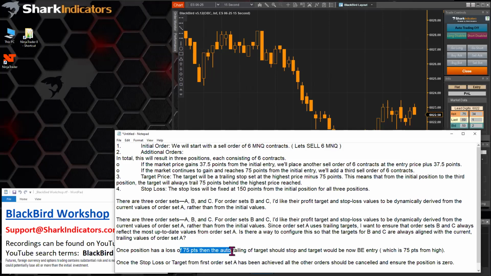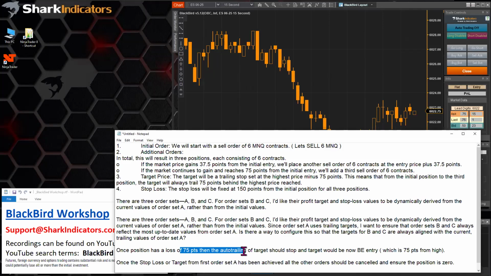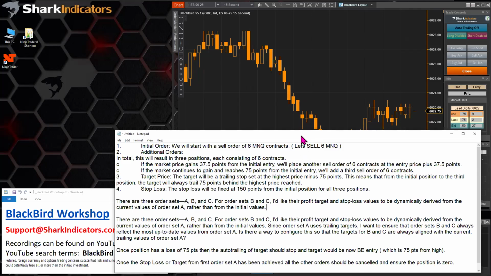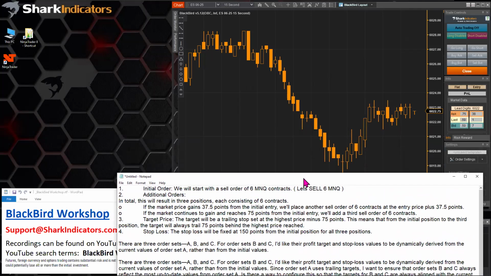So the profit target is going to reach a maximum pullback based on price movement here. Well, okay, so with this, let's start putting this together here.